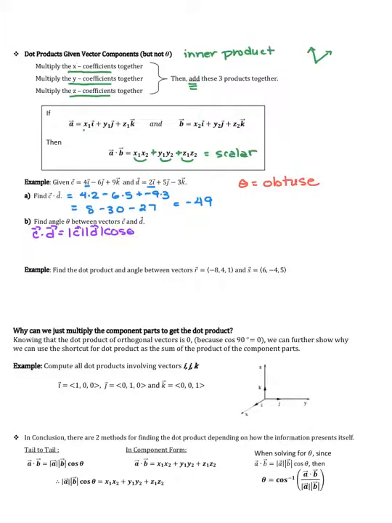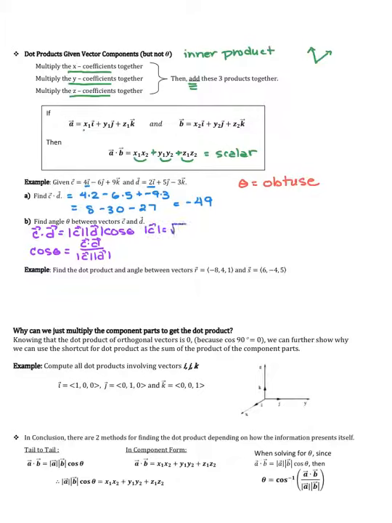And I can rearrange this so that I isolate cosine theta. So that's going to give me the dot product divided by the magnitudes. We already know the dot product because we did that in the previous example. So what we need to do is find the magnitudes of these two vectors.